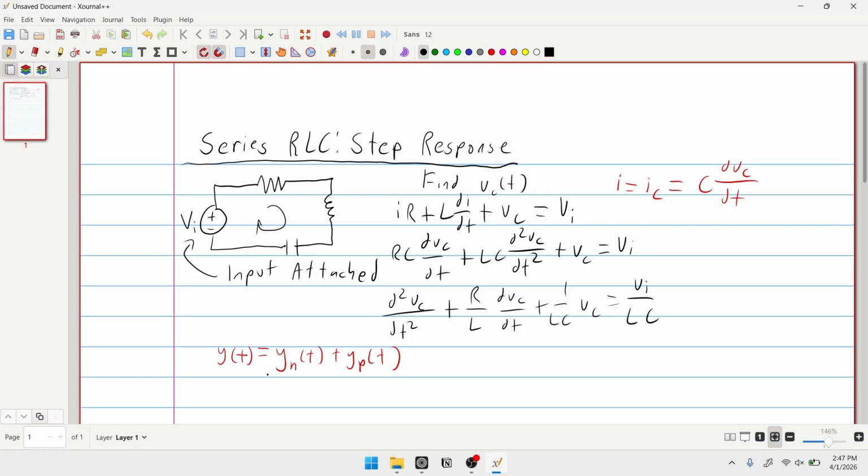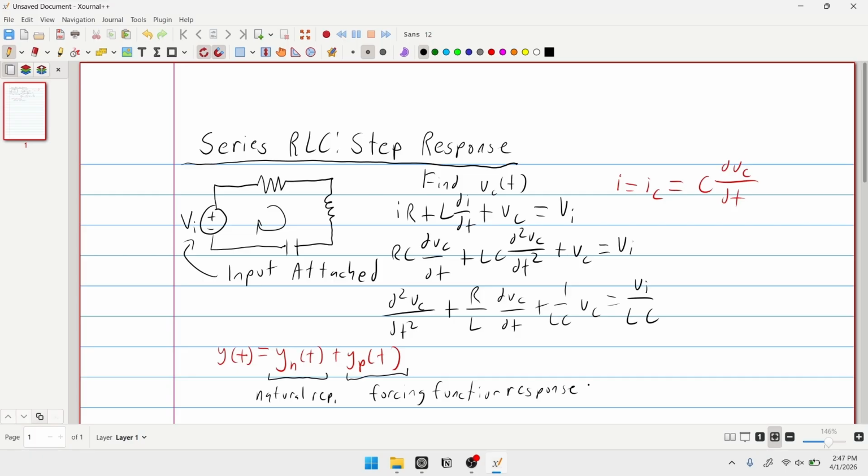The homogeneous is the natural response, and the particular is the forcing function response.